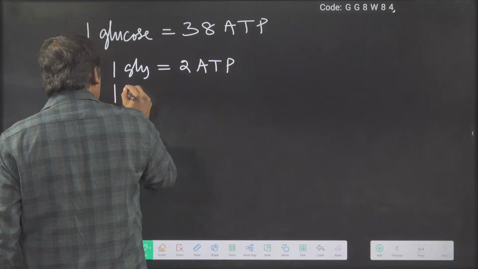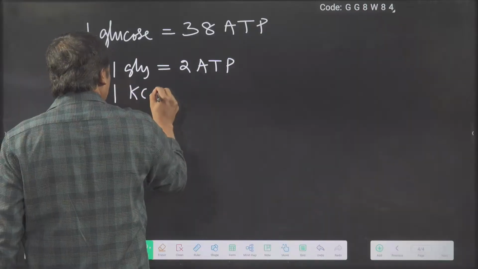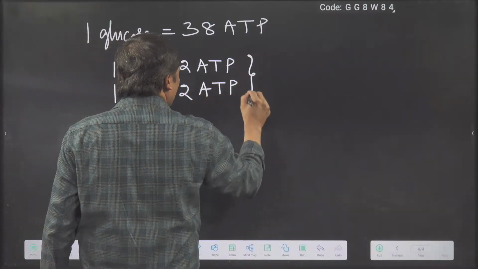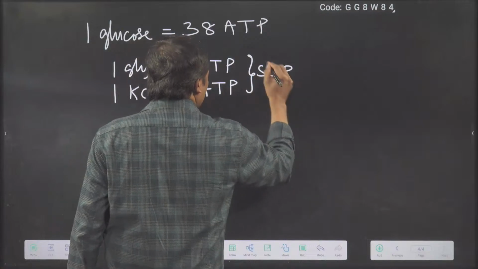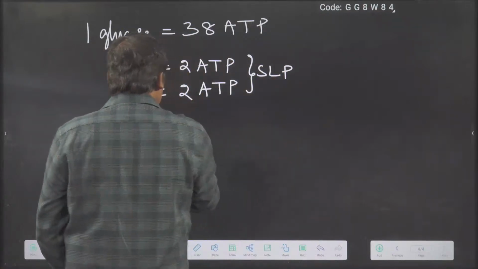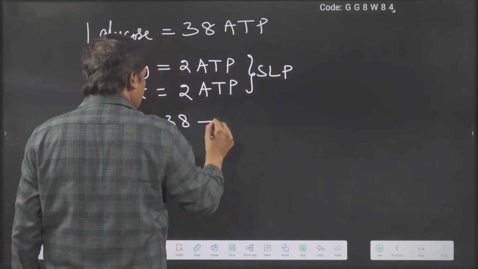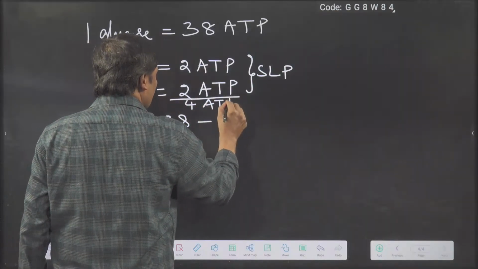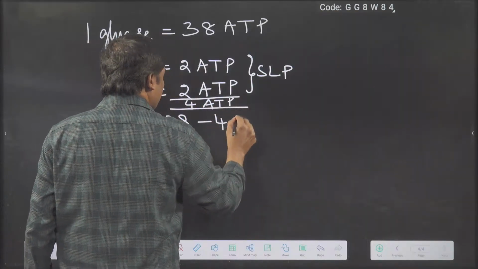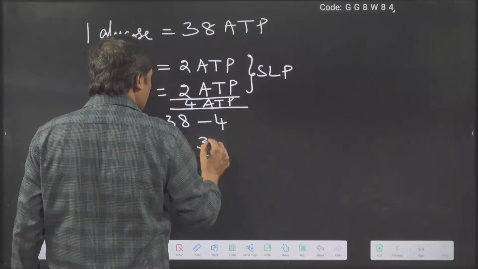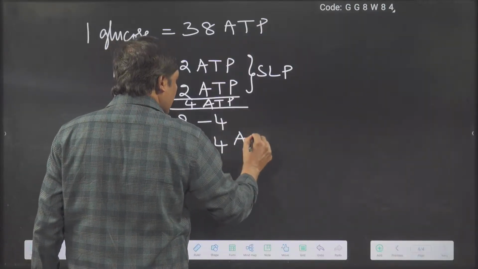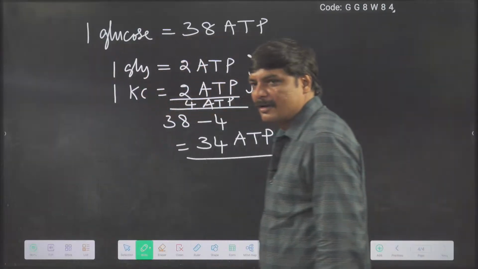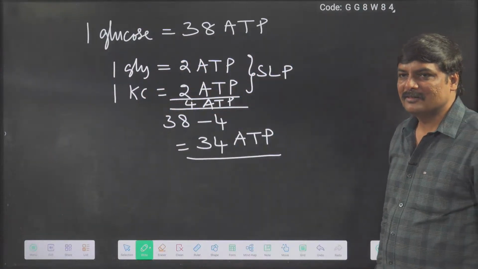In Krebs cycle, only 2. These are formed through SLP. So total ATP are 38, minus 4, right? That is equal to 34 ATP that has to be produced. Got the idea?